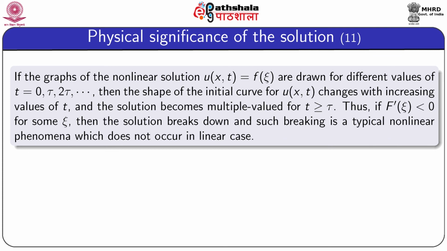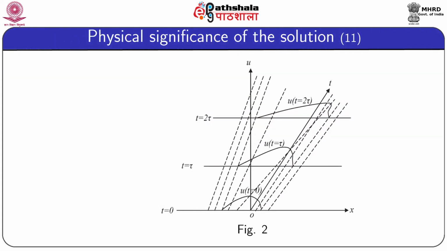If the graphs of the nonlinear solution are drawn for different values of t, then the shape of the initial curve changes with increasing value of t, and the graph can be shown in figure 2 in this slide. So, here this is our x axis, this is the u axis and this is the time axis. At time t equals 0, u follows the curve f(x). So, this is the shape of the function f.